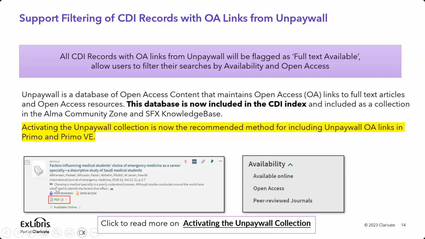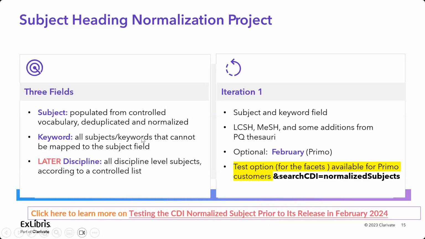And if you did not activate, for instance, the Unpaywall link that is being shown in the brief results, you are welcome to go ahead and activate and learn more about all of the efforts that previously were done regarding Unpaywall within the discovery. So it's a good chance to revisit that and also to include in the filtering those CDI records with links from Unpaywall.